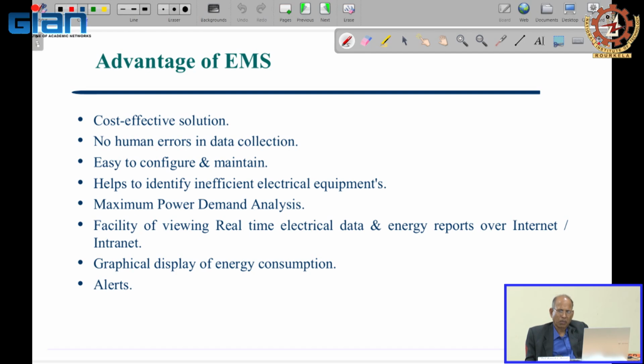Human intervention is minimal, so errors in data collection are minimal, and it is easy to configure and maintain, and helps to identify inefficient electrical equipment, can deal with maximum power demand analysis, has the facility of viewing real-time electrical data and energy reports over intranet or internet, has the provision of graphical display of the energy consumption, and can raise alarms for unexpected events as well.